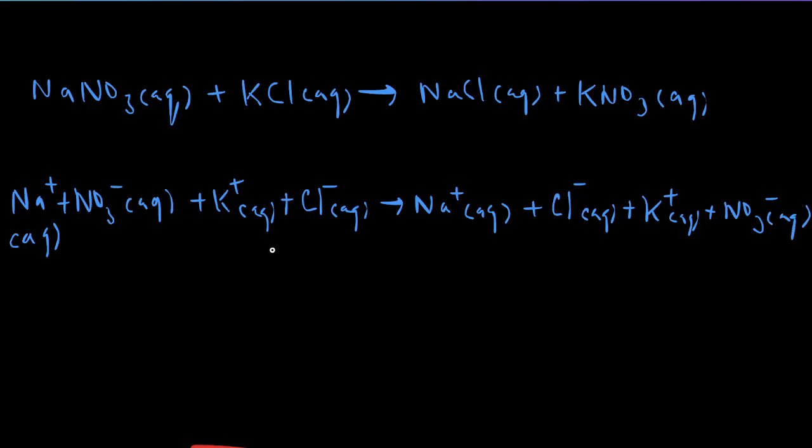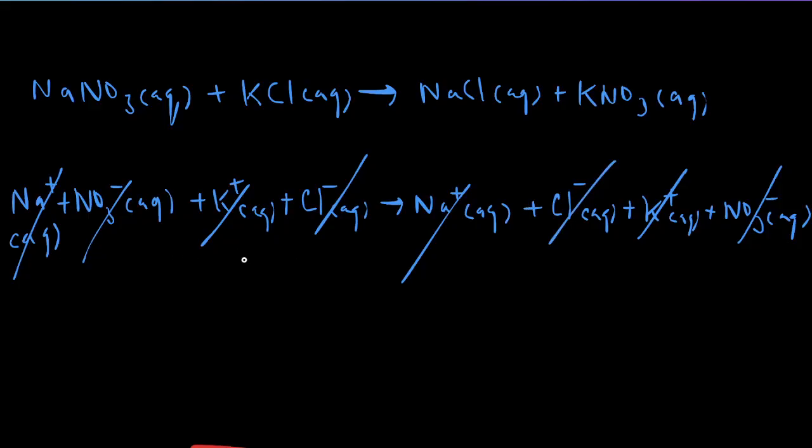And what you'll see is now to get our net ionic, again, step 3 is to cancel out spectator ions. So what we see, sodium appears on both sides. We see nitrate does as well. So does potassium and chloride. So really we have nothing remaining for our net ionic. So this is actually a kind of gotcha trick question that does come up on exams.